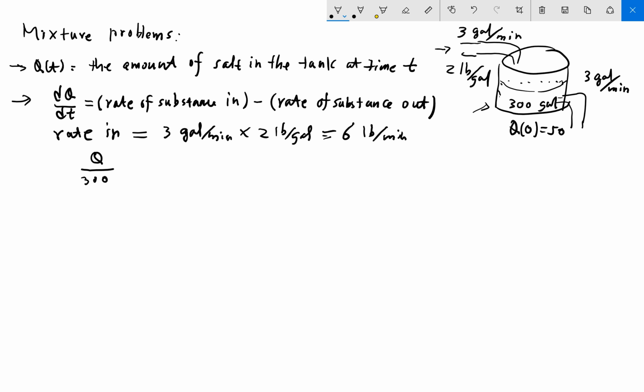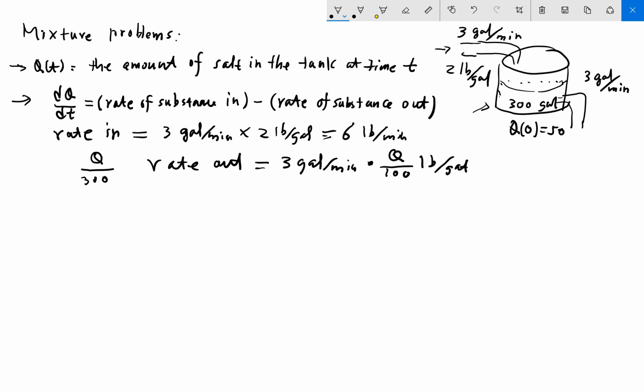So the rate out is equal to 3 gallons per minute, which is how fast the solution gets out. Then in 1 gallon, we have Q divided by 300, pounds per gallon.